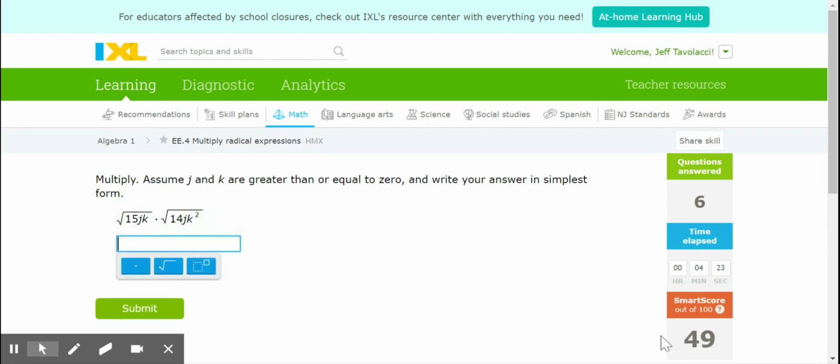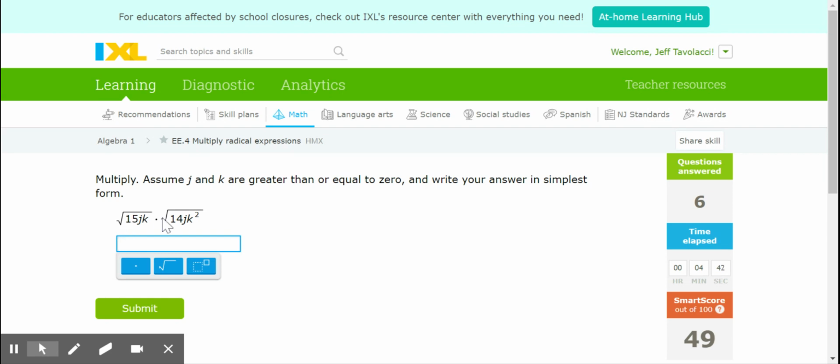Okay, now the score is getting up around 50, so they're going to throw in some variables. Nothing's really going to change here, though. We've got 15 and 14. These numbers, I don't see anything in common, and they don't have any perfect square factors in there.